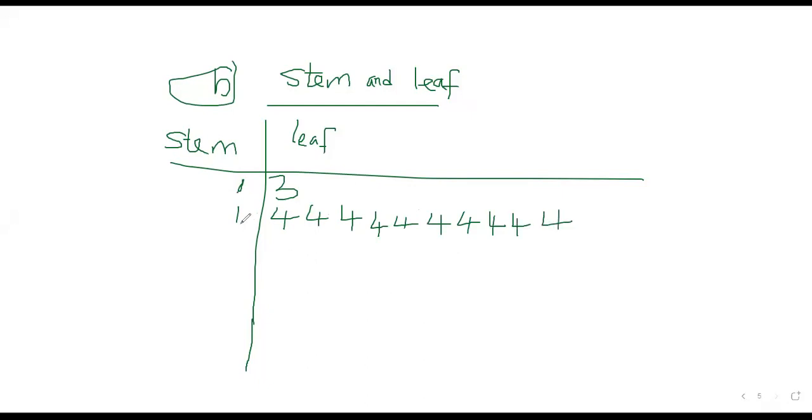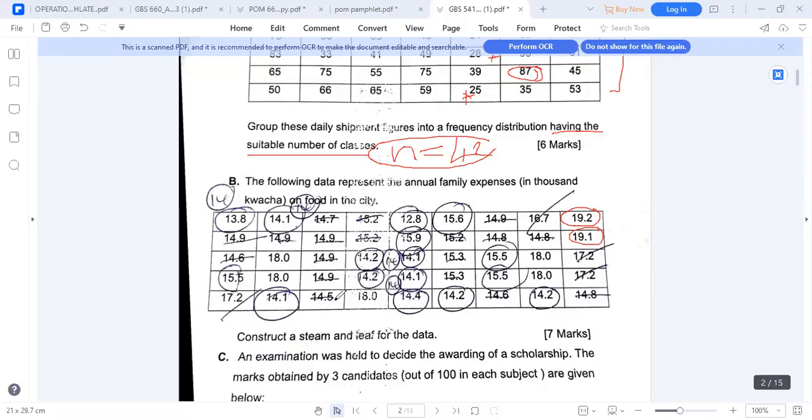Meaning this is 14. The 13 is just 1. Is it because of rounding up? We were rounding up these numbers to the whole numbers, and we count how many they are. So 13 was 1. 14, they were 10.